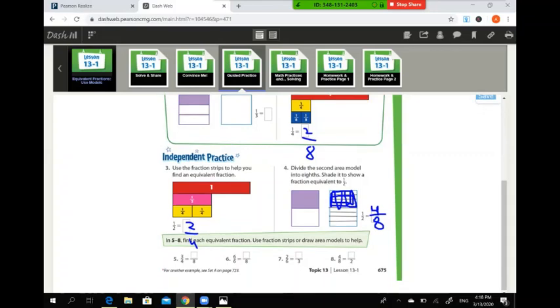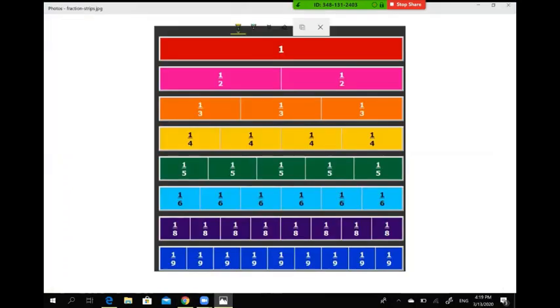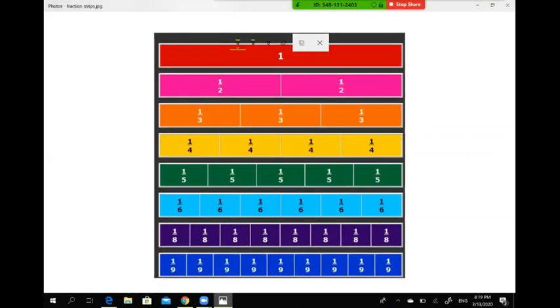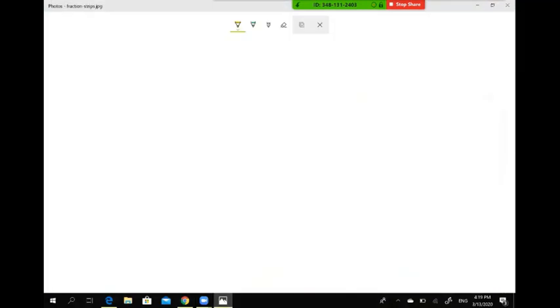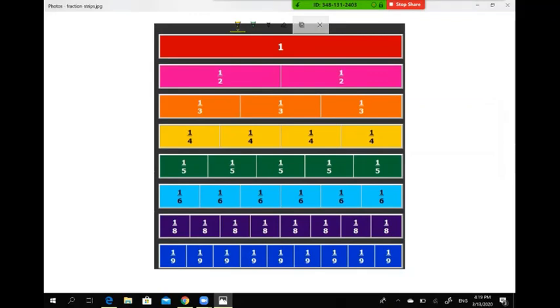Let's move to question number 5. Here in number 5 till 8, we do not have the fraction strips. There are no pictures here. So I will put this in the link and you can download it and find the equivalent fractions. For example, the equivalent fraction for 3 over 4 out of 8.